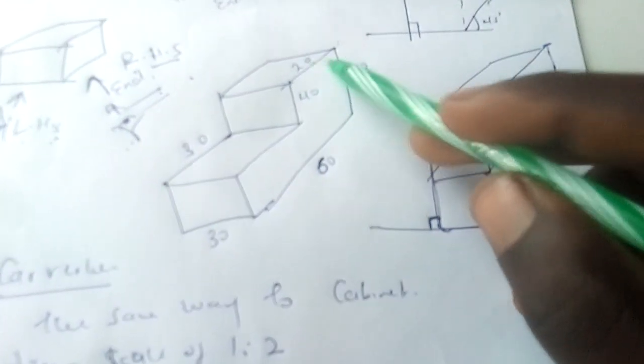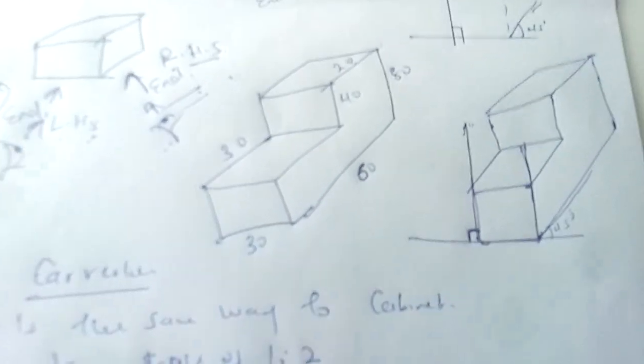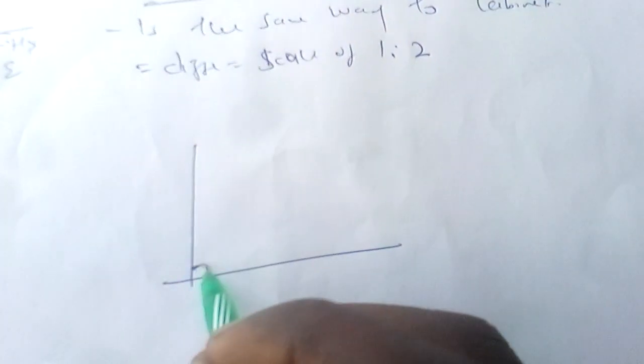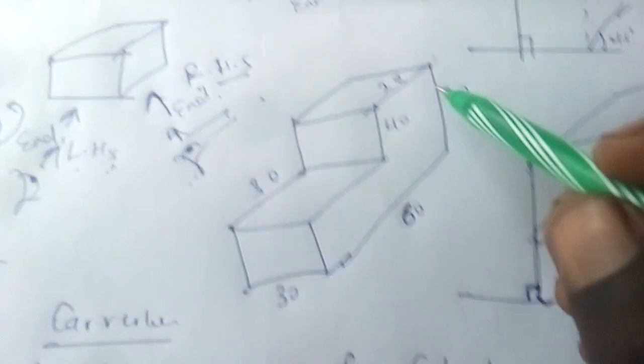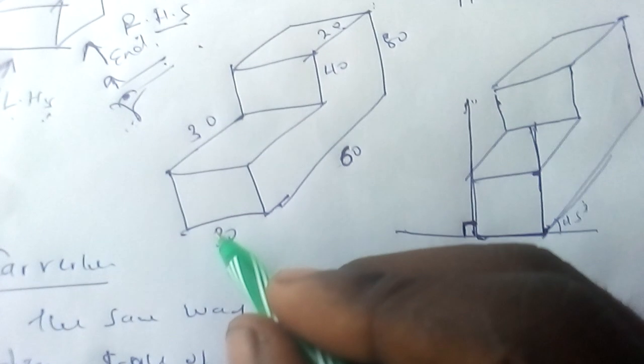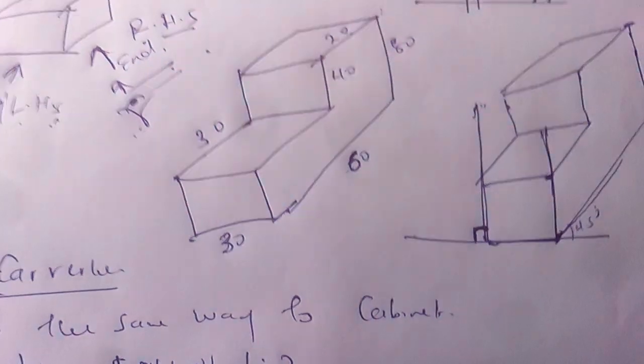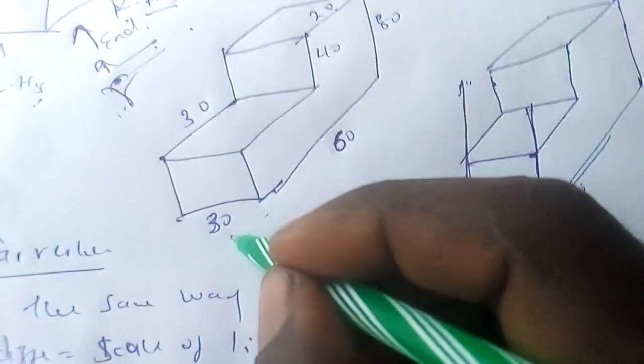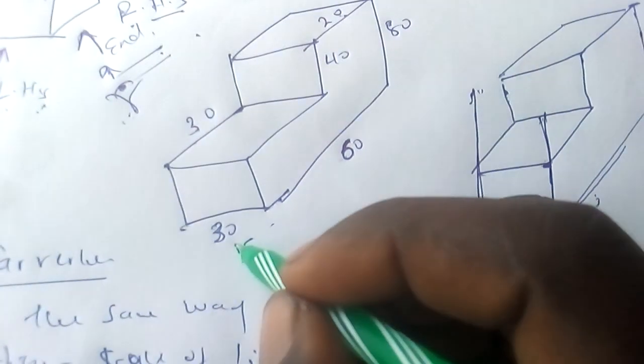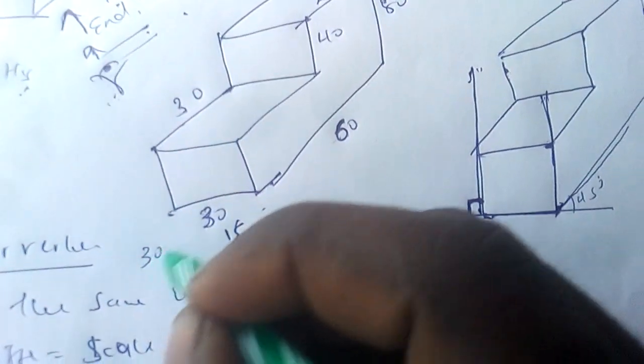So in our workshop, to represent our work, this is 90. This is our block. Then this is 30, but in Cavalier, this will be 15. How do we get this 15? We take 30 divided by 2.